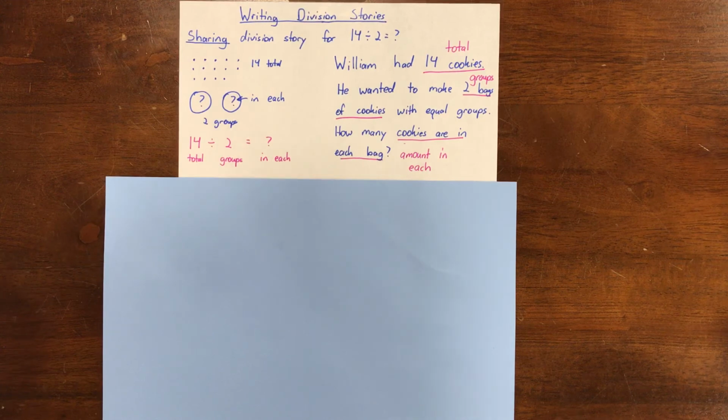Yeah, it does match. 14 is the total, and it says there are 14 cookies. 2 is the number of groups, and it says that he wants to put the cookies into 2 bags with equal groups. The problem asks us to figure out how many are in each bag, which is the amount in each group that we don't know in the number sentence. Awesome. Go ahead and click on the arrow to move to the next slide.